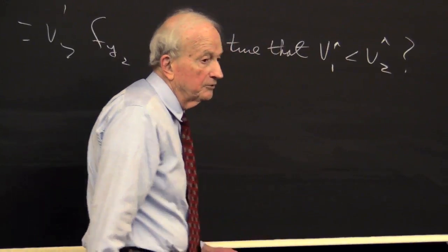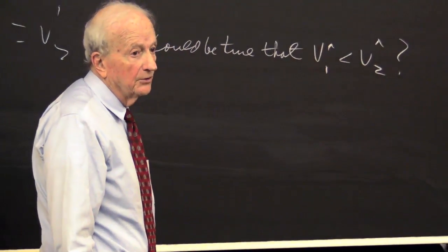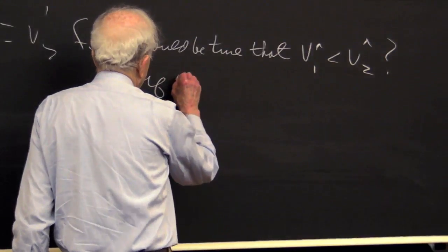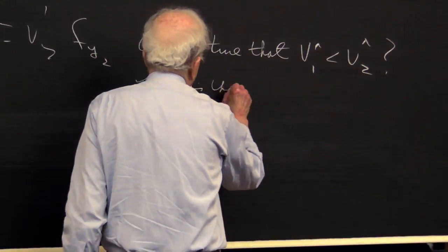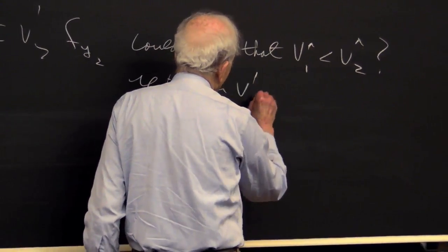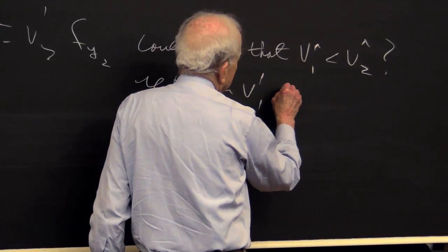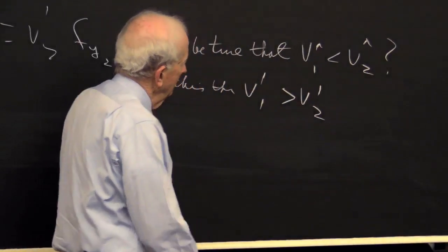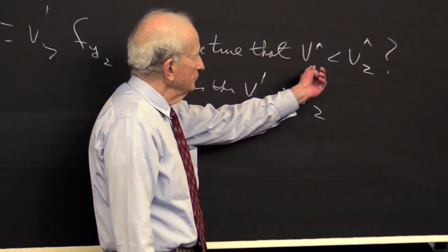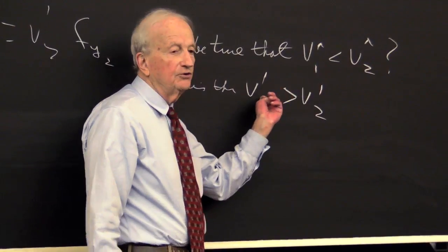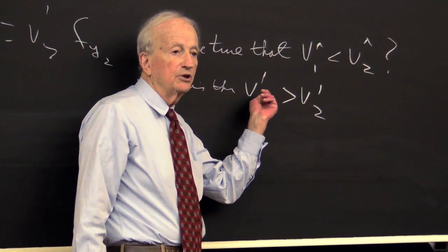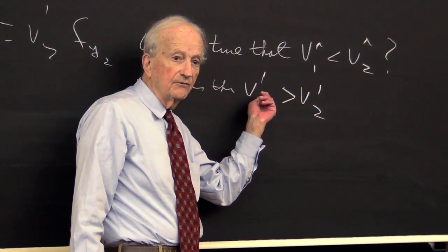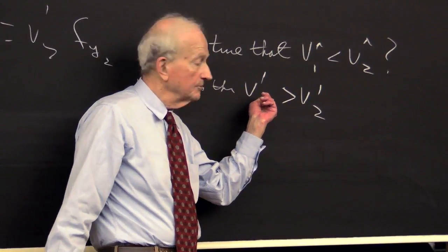We'll show that can't be true by showing a contradiction. If this, then V prime 1 is greater than V prime 2, right? So if the abler child has less utility, the marginal utility from the abler child would be greater. Parents would get more marginal utility from the able child. The degree of altruism is the same.